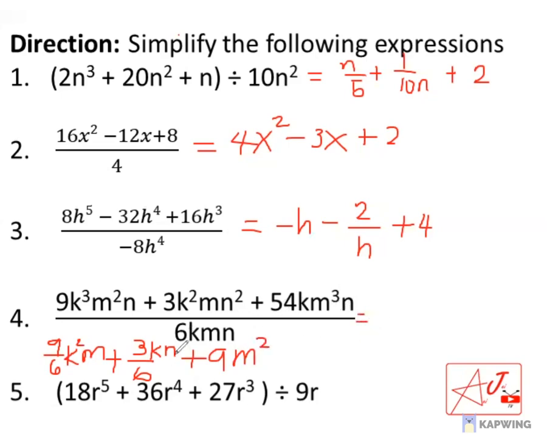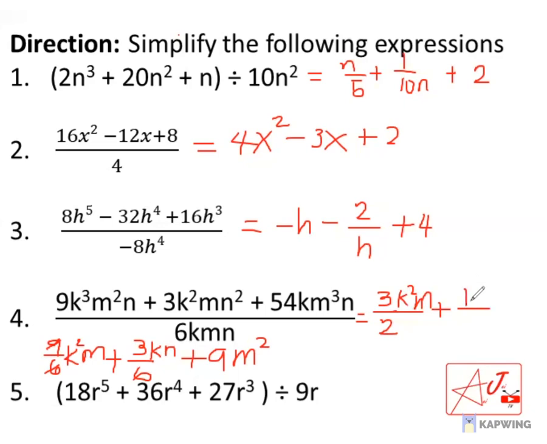So, ang ating final answer dito, i-reduce natin to. Para silang pwedeng i-divide kay 3. So, magiging 9 divided by 3 is 3. 6 divided by 3 is 2. So, yung ibabaw natin ay 3k squared m over 2 plus, para pwedeng i-divide sa 3. 3 divided by 3 is 1. 6 divided by 3 is 2.